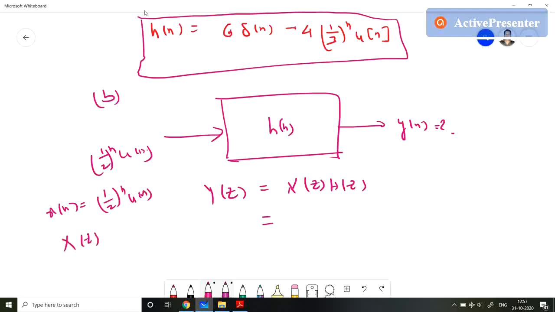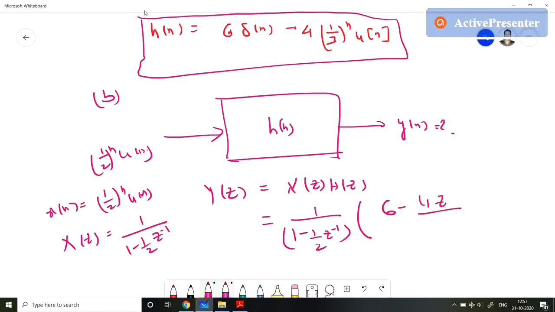Now X(z) is equal to 1 divided by 1 minus 1 by 2 z inverse, so we are putting this value, and H(z) is equal to 6 minus 4z divided by z minus 1 by 3.